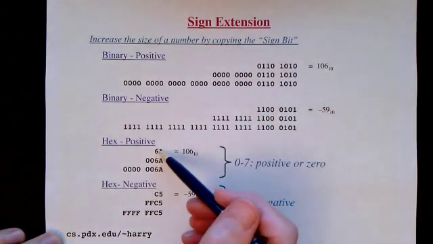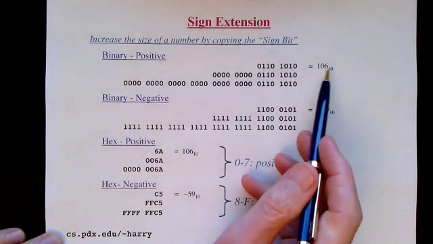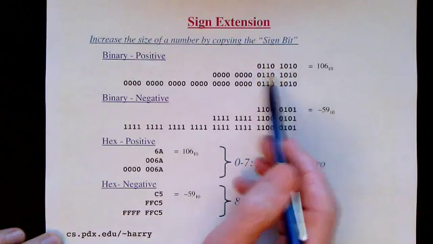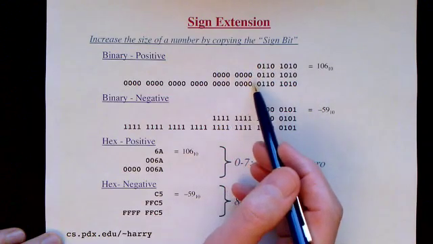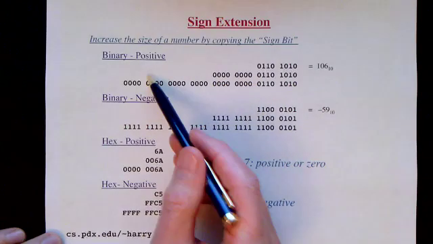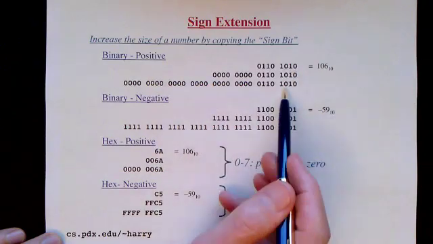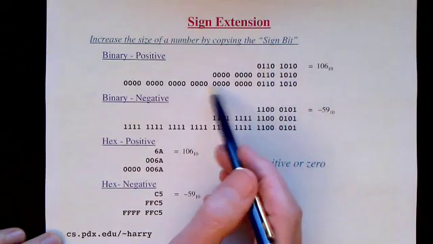Here's the same number down here, 6A. And it happens to be 106 in decimal. And we're extending it from a byte to a half word by adding 8 more zeros. And we're extending it again to a full word by adding an additional 2 bytes, all zeros. These are all the same value, so we can increase the size of a number by sign extending it.